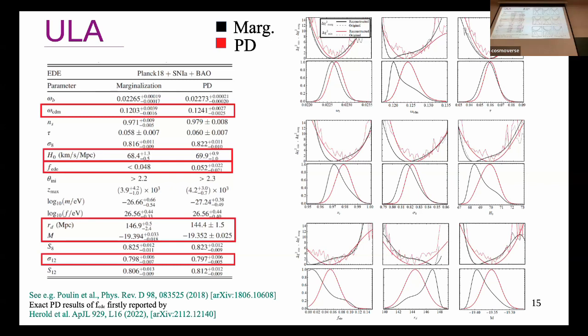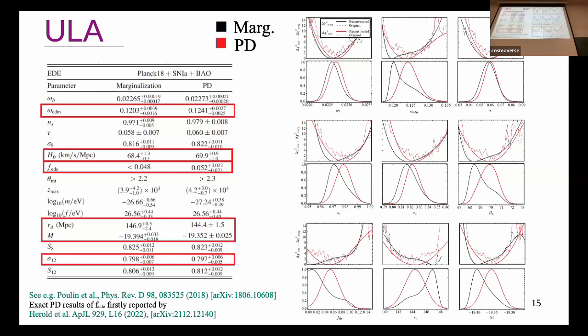But my method is quite fast, so I could explore the complete parameter space of the theory. And not only so, also the nuisance parameters and derived parameters of interest. But I'm showing here some of the main parameters. So you see that, as expected, a shift in the value of the early dark energy fraction is also translated into shifts on other important parameters.